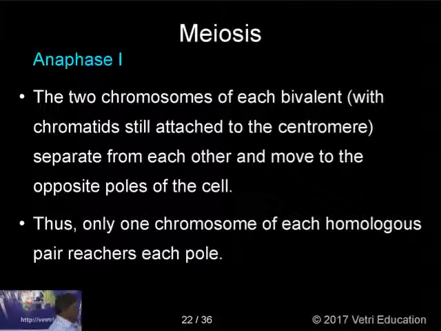So if there are 46 chromosomes, 23 move to one pole and another 23 to the other pole. So the chromosome number becomes half in meiosis 1, especially in the anaphase.